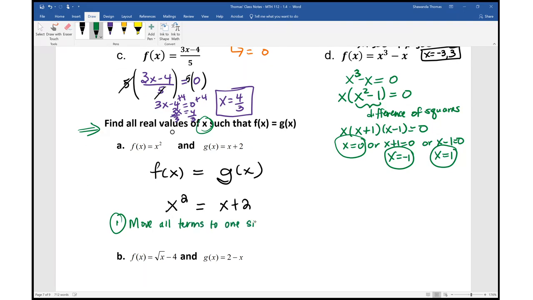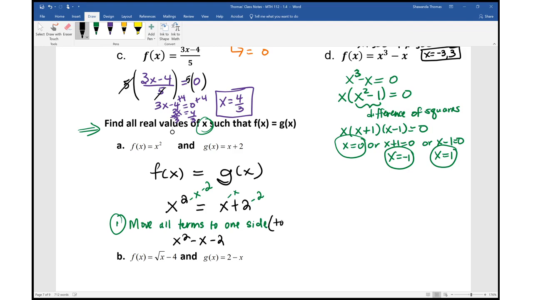So that means we need to subtract x from both sides, as well as subtract 2 from both sides. That way we'll get x squared minus x minus 2, because we want it set to 0. All right, so now we have it set to 0. That's where we want to begin.